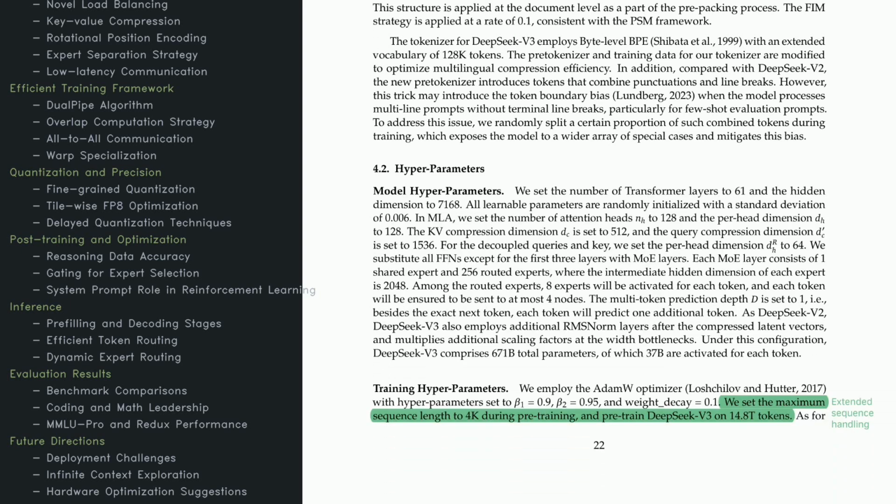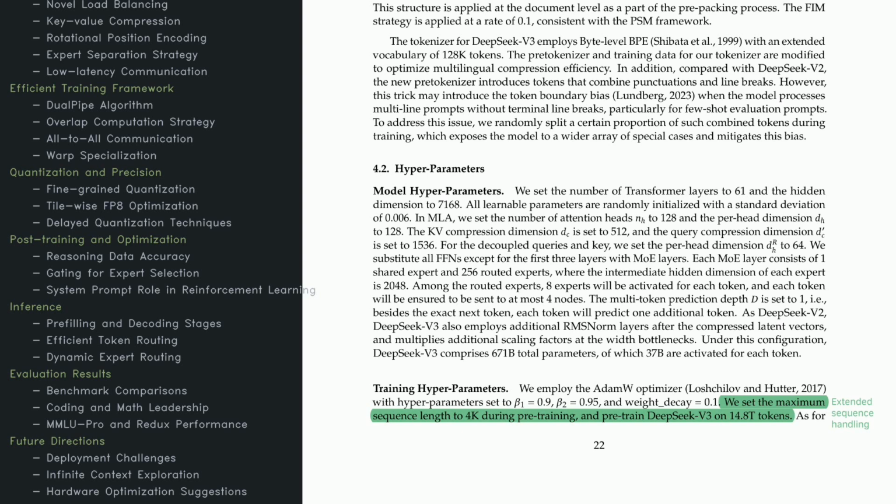Here, you'll find the hyperparameters that power DeepSeek V3. It has 61 transformer layers, each with a hidden size of 7,168, plus 128 attention heads. Each MoE layer has a shared expert and 256 routed experts for split tasks. Out of those 256, only 8 are lit up for each token, preventing communication overload.